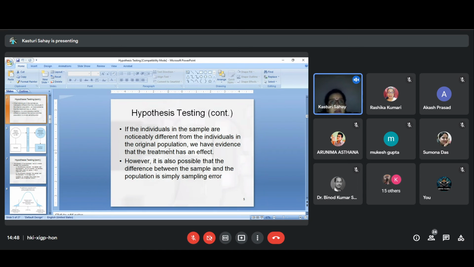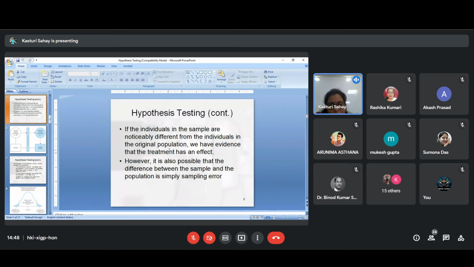Then we see the outcome, and if those patients are now treated, we have evidence that that particular medicine is having an effect on the patients. So this is what we are doing in hypothesis testing in a nutshell: take a sample or a population, give treatment, measure the result, and then conclude whether the treatment had an effect or not, or whether the independent variable had an effect on the dependent variable.